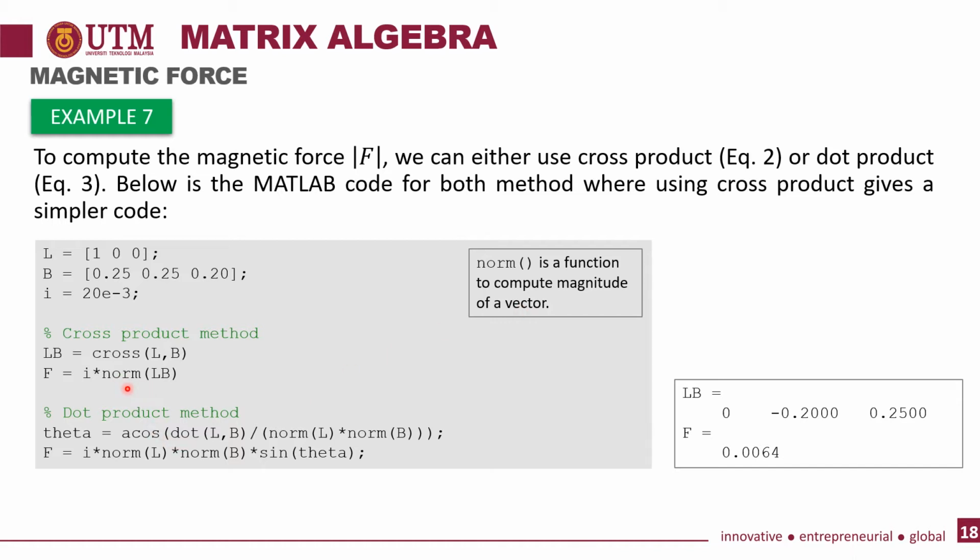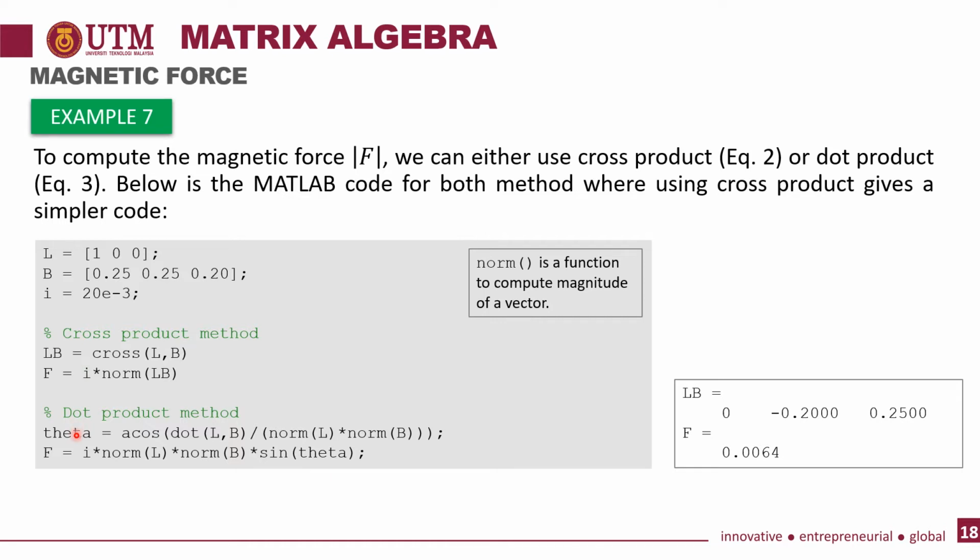Alright? Okay, so let's take a look at the second option, where we are using the dot product method. For the dot product method, first you need to calculate theta. For the cross product you don't have to calculate theta, but for the dot product you need to calculate theta for this example.